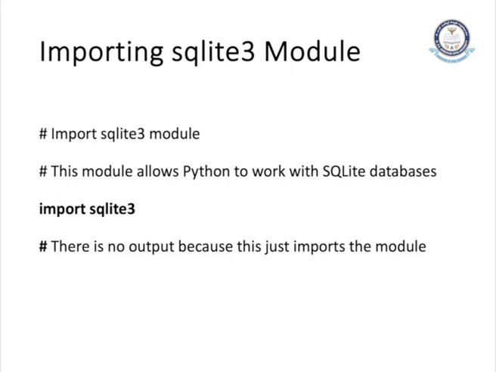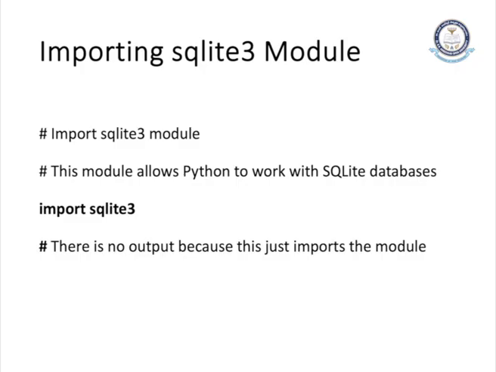Now let me implement these steps one by one. As I said just now, first step is importing the SQLite3 module. For that, how to write the code? See, import. Import is a keyword which is used to import libraries or modules. Import space, what is our module name?